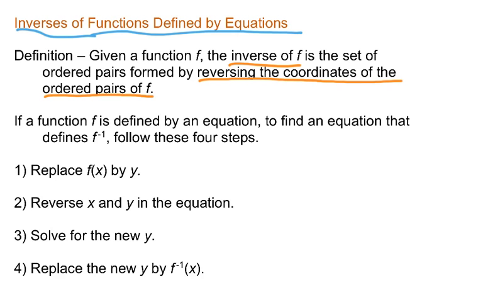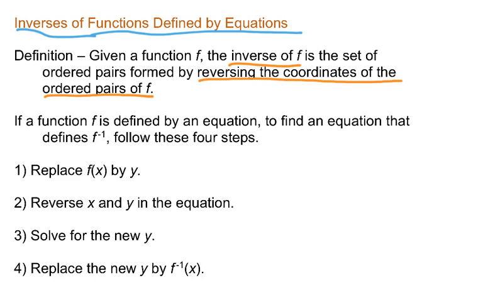Well, suppose that your function is defined by an equation and you want those ordered pairs to turn around. The key thing to focus on is that every x becomes a y, every y becomes an x. Every first coordinate becomes a second coordinate, every second coordinate becomes a first coordinate. And that will make these steps make a lot of sense.